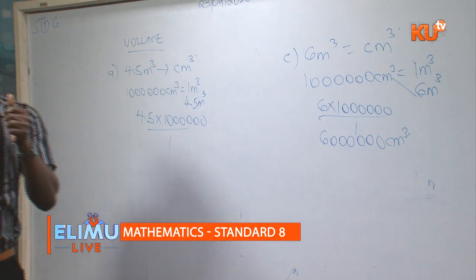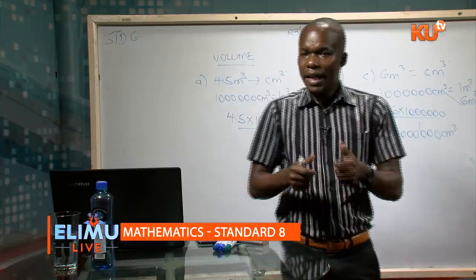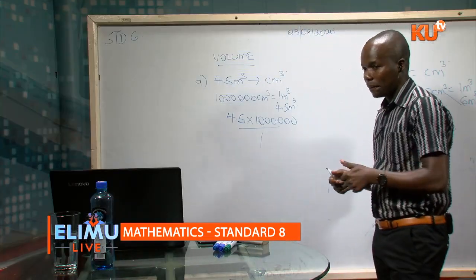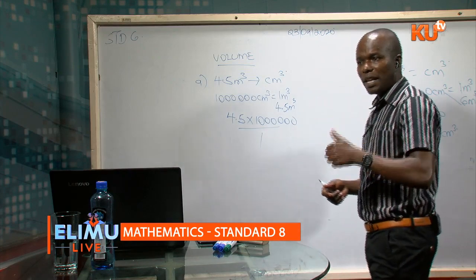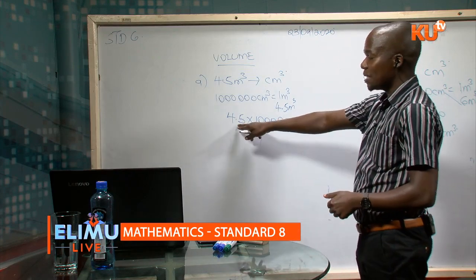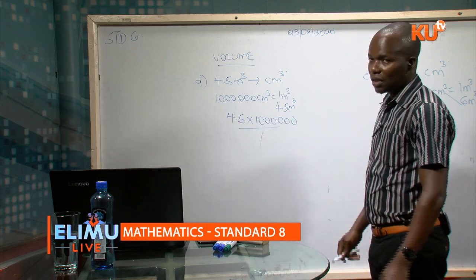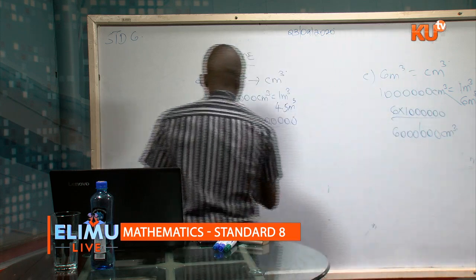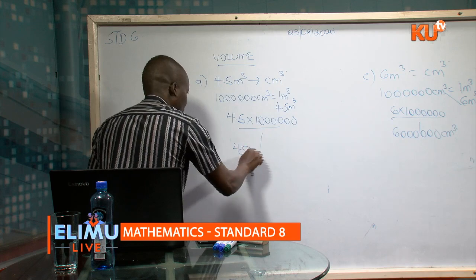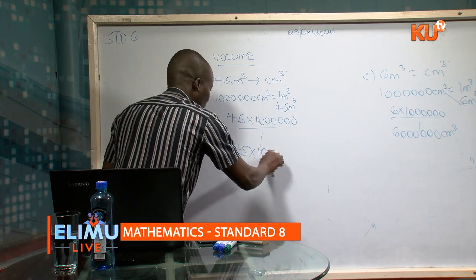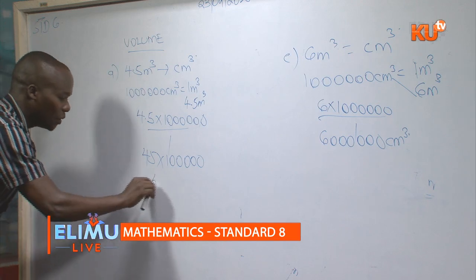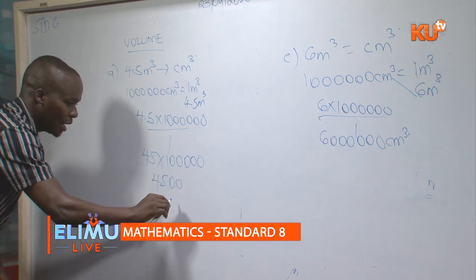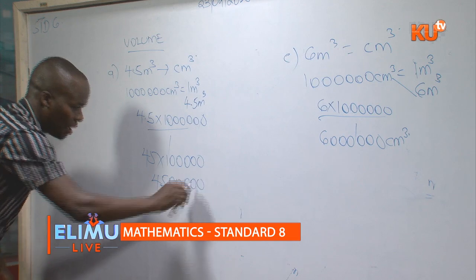Now, when multiplying a decimal by multiples of 10, a 0 will cancel with 1 decimal place. So the 1 decimal place will go away with 1 zero. So we'll only have 45 times 100,000, and that will give us 45, then another 5 zeros.